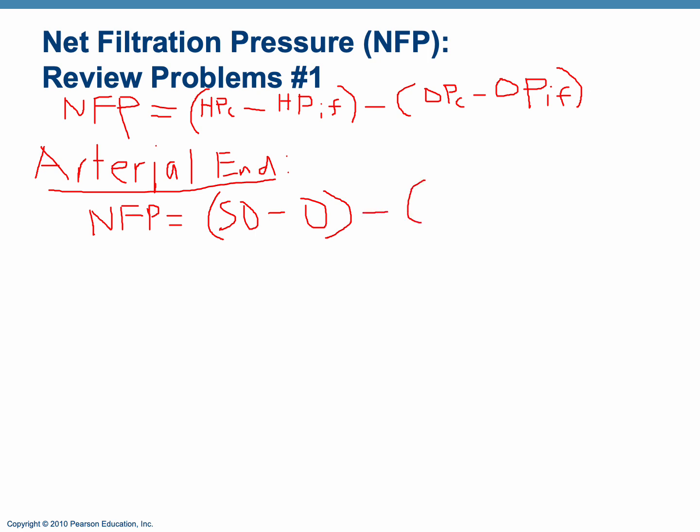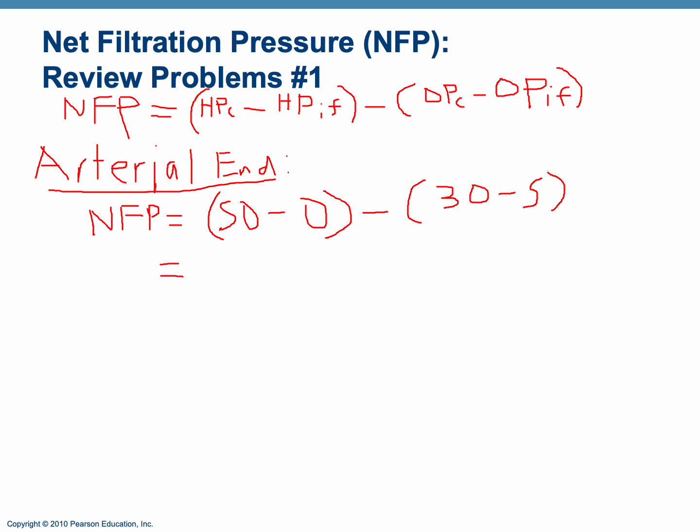Minus, in parentheses, 30 minus 5. 30, a reflection of the overall colloid osmotic pressure in the capillary, and 5, a reflection of the colloid osmotic pressure in interstitial fluid.